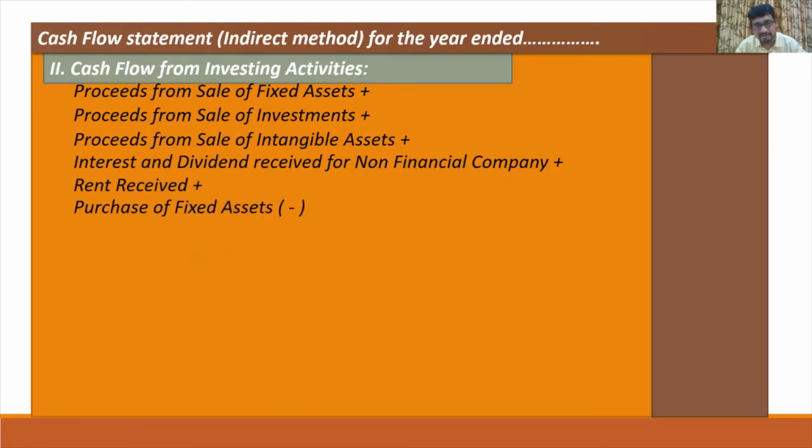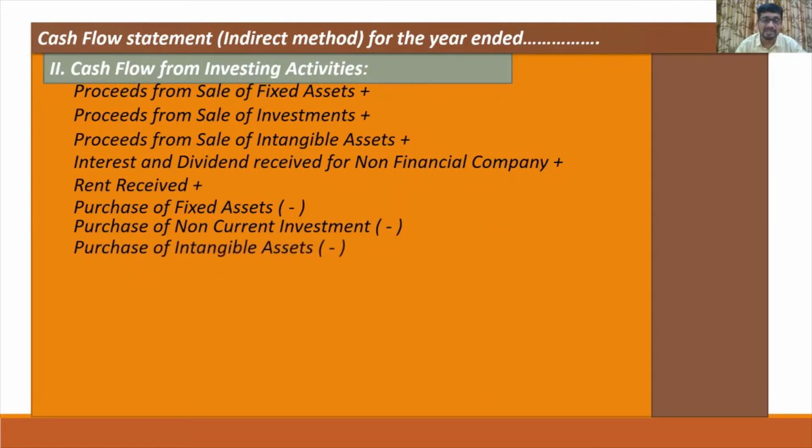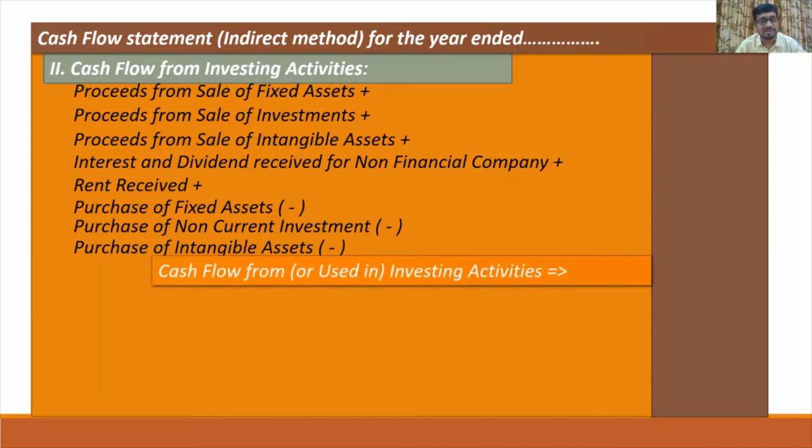Purchase of fixed assets is subtracted, because when we purchase, cash goes out. Then purchase of non-current investment, when we purchase, cash goes out, that's why it is subtracted. Purchase of any intangible asset, cash goes out, so it will be subtracted. And this is how, children, it is very simple to calculate cash flow from investing activity.